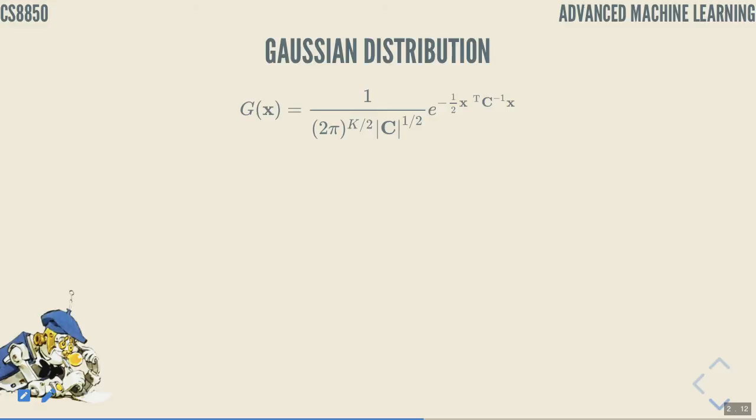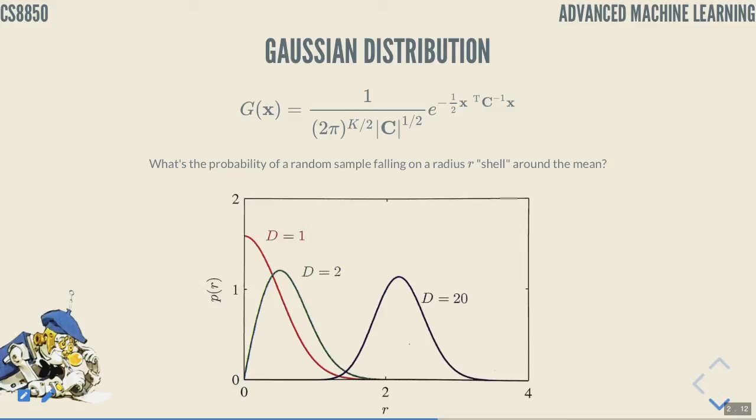So the Gaussian distribution, you've seen this in our PCA lecture. This is a multidimensional Gaussian. The paradox is that when dimension grows, it's totally unlikely for a spherical Gaussian to fall into the mean. The Gaussian has a mean, right? In a one-dimensional Gaussian, the mean is the most likely place for a sample to be drawn from.